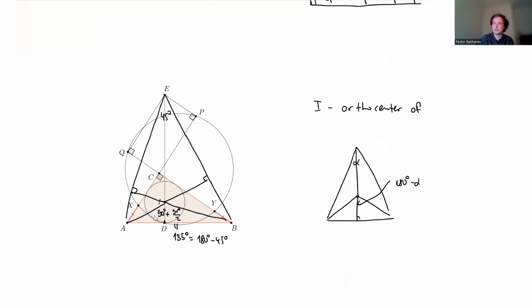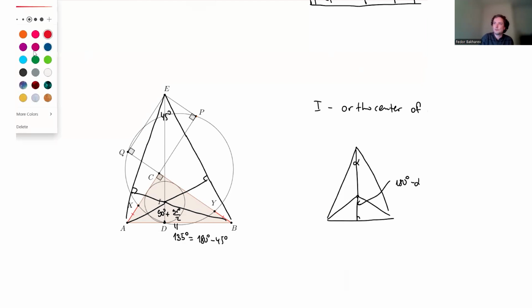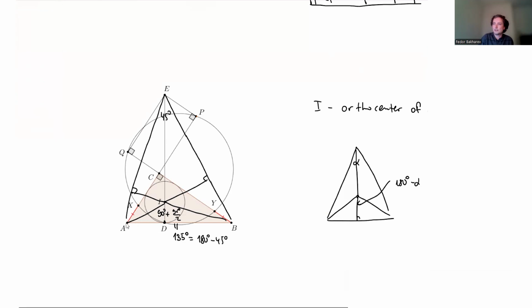And since it's exactly the same circle, it means that points X and Y are tangency points of the excircles also, and thus AX is equal to BY and actually equal to the inradius. And in addition, you will also get a beautiful fact that this AD is equal to this one.